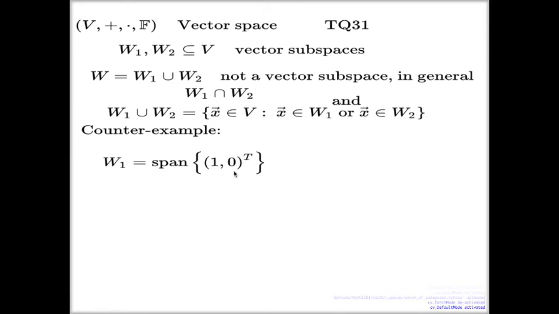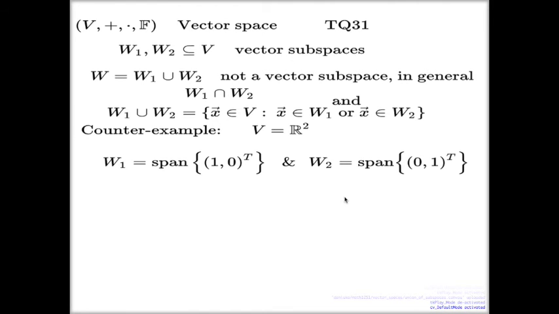You have a bit of an understanding what the span is. Now I can use these notations to make my exposition shorter. So my V space, it's the R2. My W1 is like this. My W2 is like this. These two, we know they are subspaces because every span is a subspace. So these are the subspace.